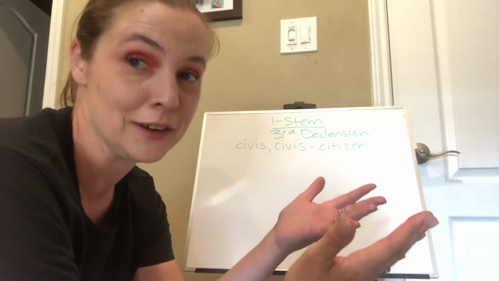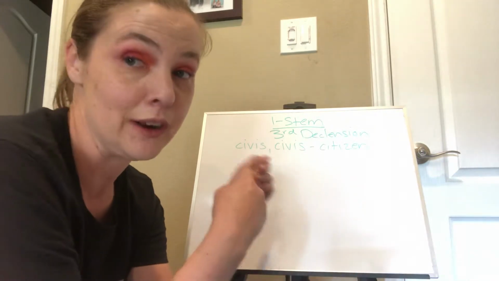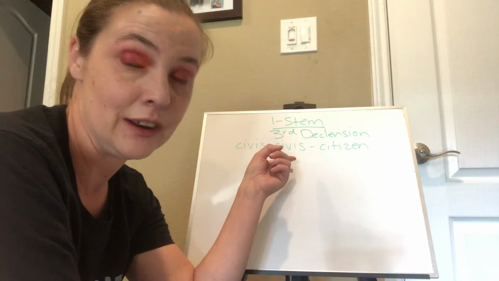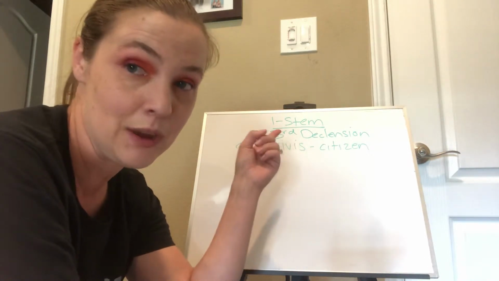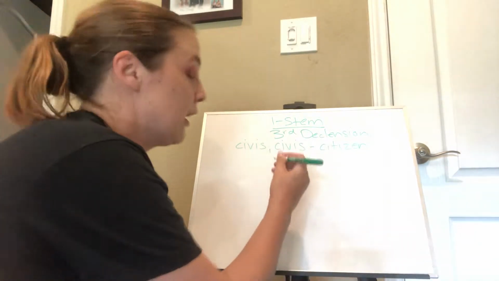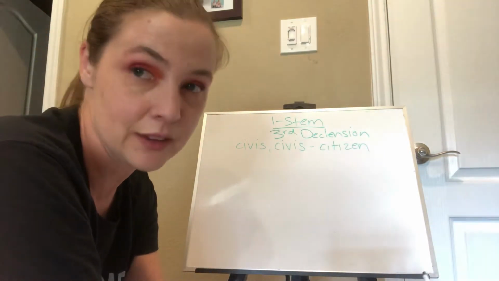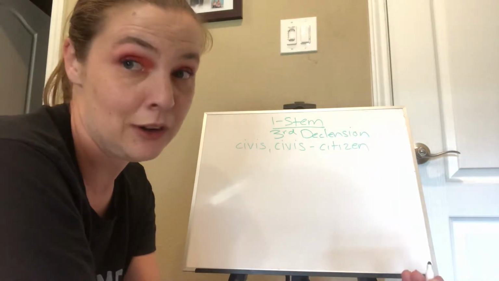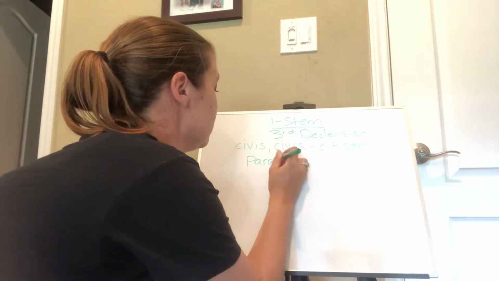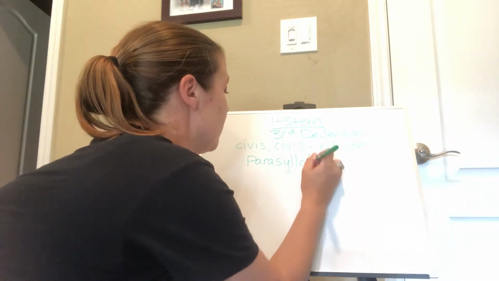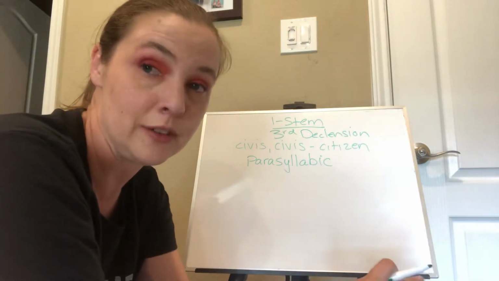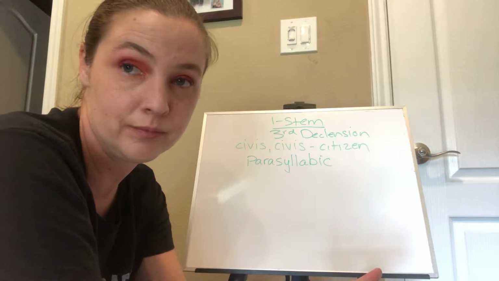You with me so far? When you have a word in the third declension where the nominative and the genitive singulars have the same number of syllables, they're called parasyllabic. You don't have to know that fancy term, but that's what it's called. It means that both words have the same number of syllables.